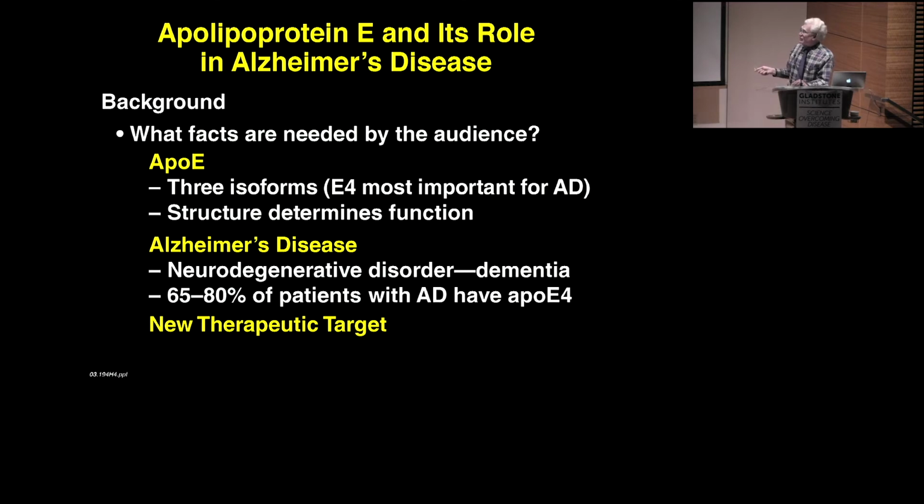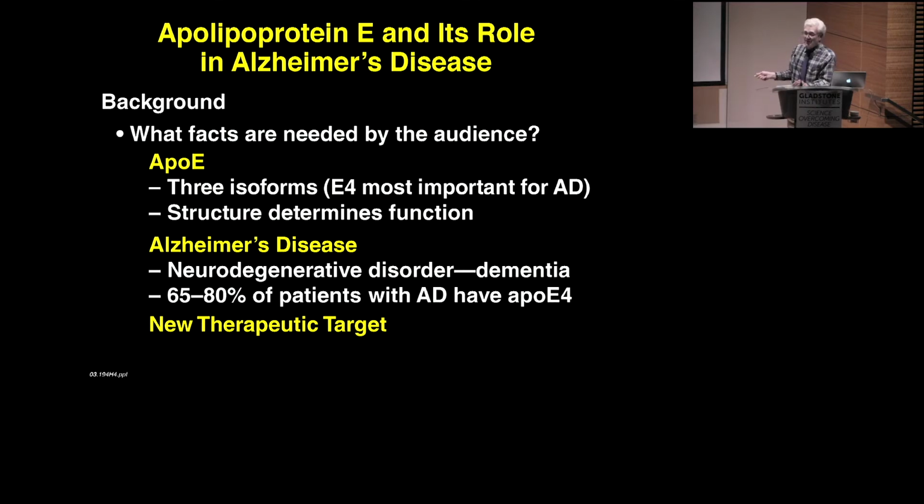I must tell you that ApoE is a protein in which there are 3 isoforms. The title included ApoE4, so you could have guessed there was probably a 3, and in fact there is a 2. Don't ask me why there's no 1, but there's no 1. So there are 3 isoforms. And I've got to tell you about the structural differences among these isoforms that determine the function and the relationship to Alzheimer's disease.